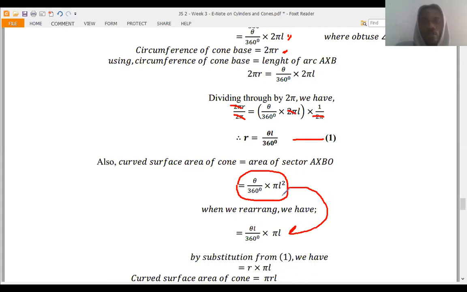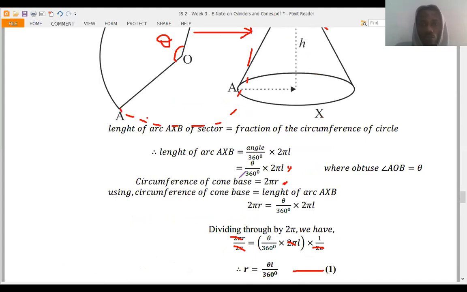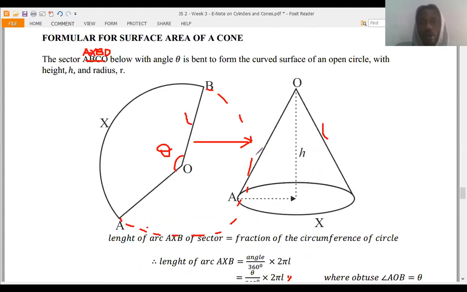Now, by very close inspection, you discover that what I have here is nothing but equation 1, which is R. So by substitution, this is R equals pi L. Therefore, you can say that the curved surface area of a cone is equal to pi R L.